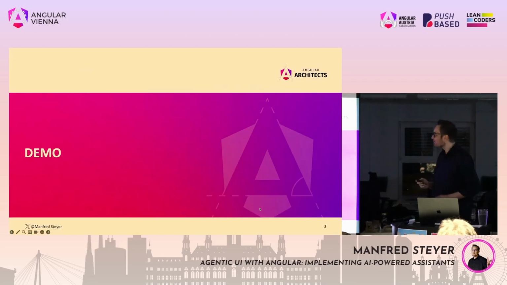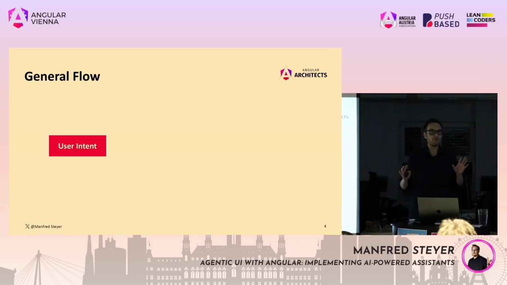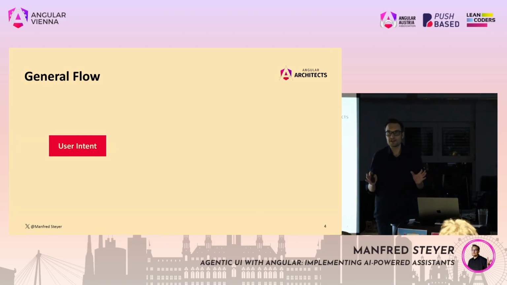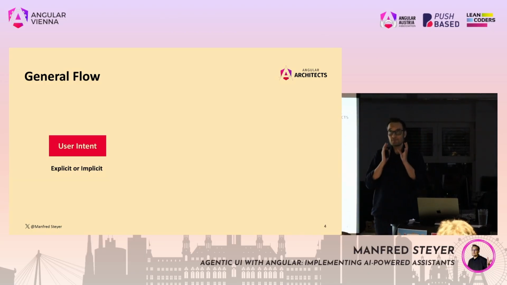So how does this look architectural-wise? Well, the general flow is there is some kind of user intent, something the user wants to achieve. And this intent can be explicit or implicit. When it comes to explicit intents, the easiest way to get this intent is a chat window where the user types in what they want.